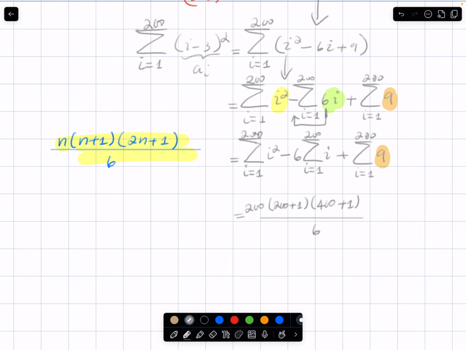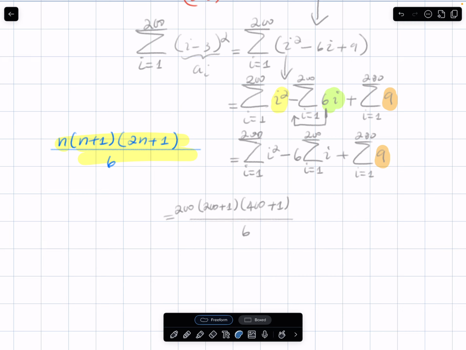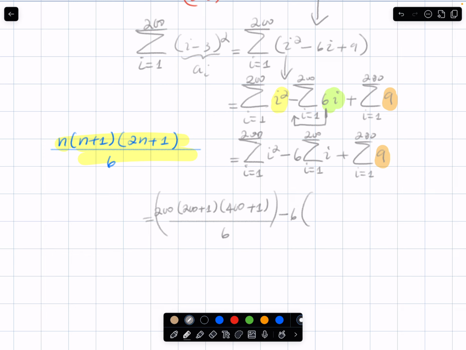And then let's see if I can move stuff around, because I'm running out of space, right? And then minus 6 times, so we said if we have this, right? Let me use the highlighter so that it makes sense, I guess.